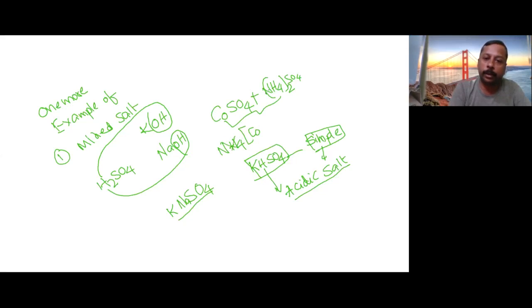Otherwise I will do one thing: ammonia I will take like this, Co(NH3)6 and SO4. This is the base, and its sulfate will be outside. The number of moles you can balance afterwards. So this is also an example of a complex salt. Most of the coordinate complexes will be examples of complex salts.